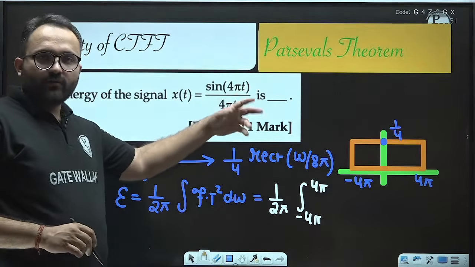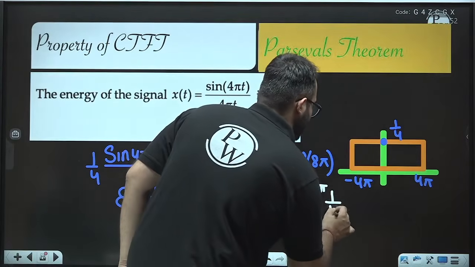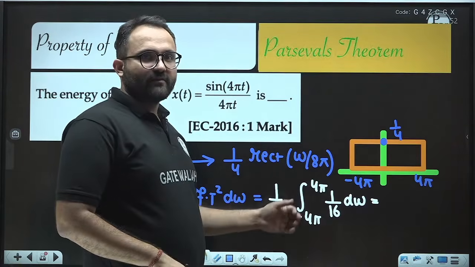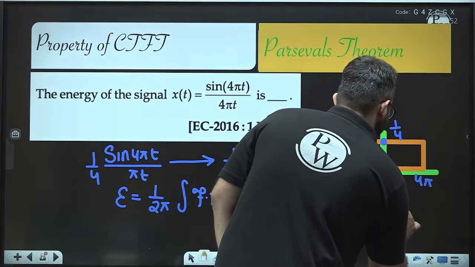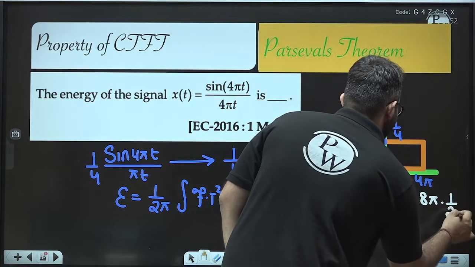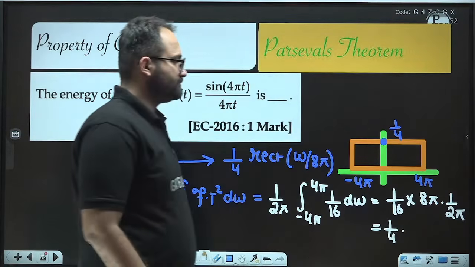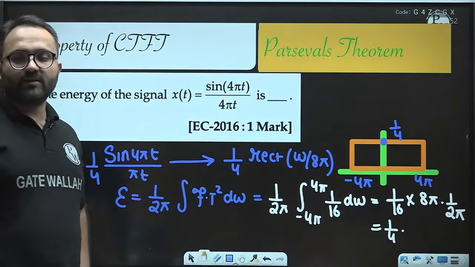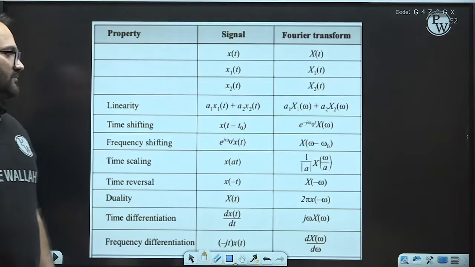Now square of the Fourier transform means 1 upon 4 square, that is 1 upon 16, d omega. So if we integrate this, we'll get 1 upon 16 into 8 pi divided by 2 pi. So the result will come out to be 1 upon 4. Okay, great. So this is the result, and like this many questions are asked in GATE exam. Okay, so this is the Parseval's theorem.